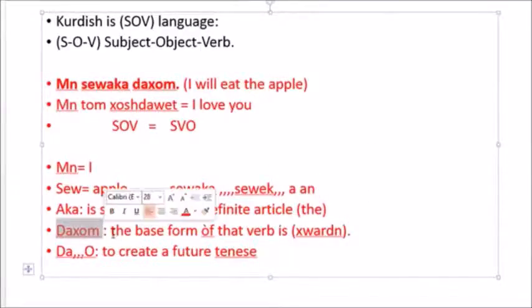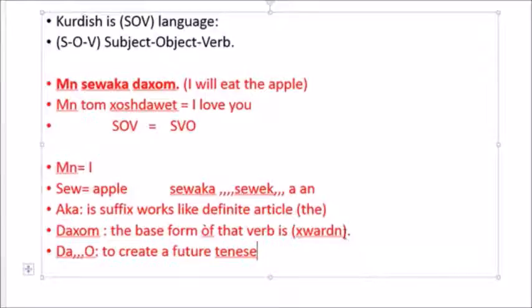Dakhom is the verb, but we conjugated that verb and added some suffixes and affixes. The base form of that verb, dakhom, is khwardin. Maybe in future lessons I will explain the Kurdish basic forms of verbs and how you can conjugate them, which may be a little tough because in Kurdish we have regular and irregular verbs.